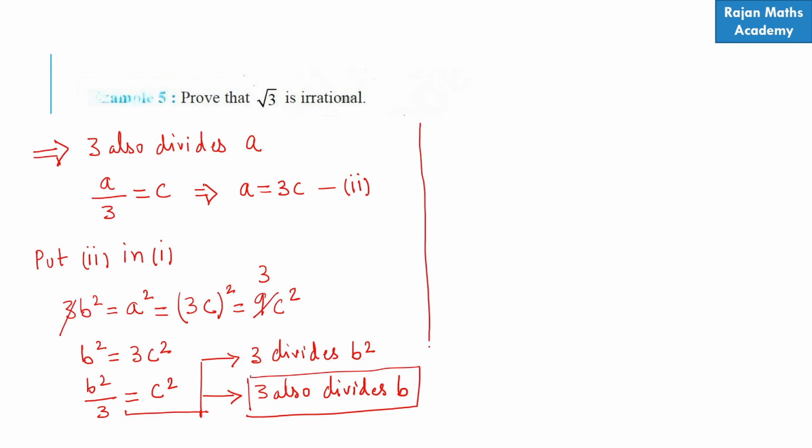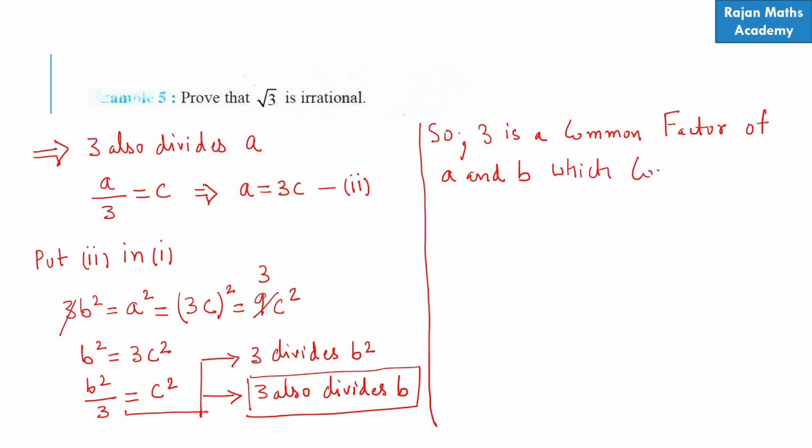So we can write, 3 is a common factor of a and b, which contradicts that a and b are coprime.